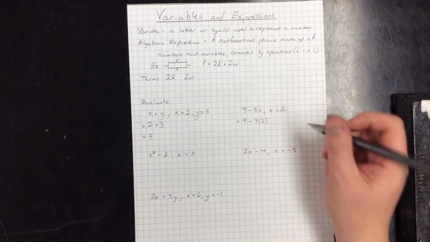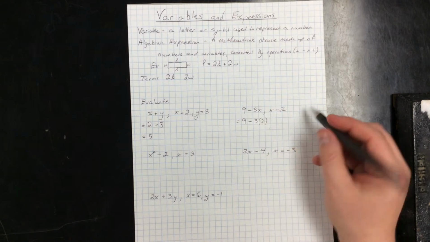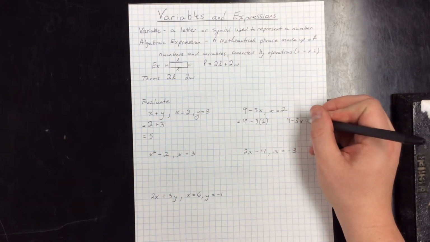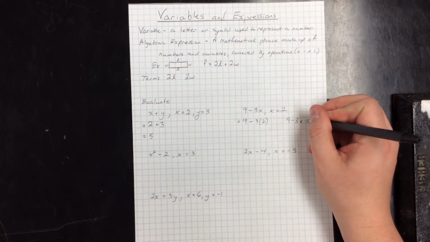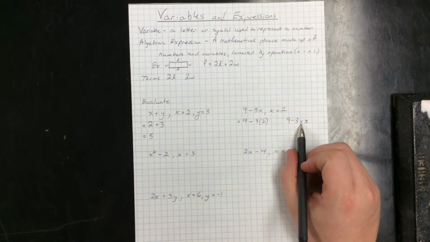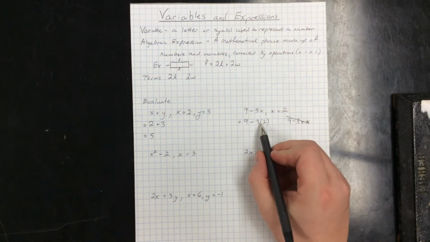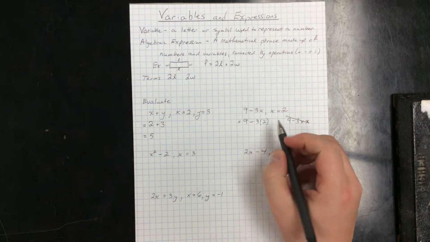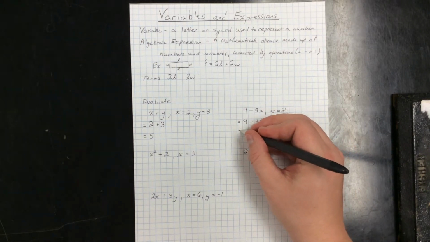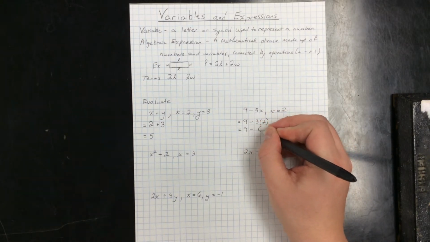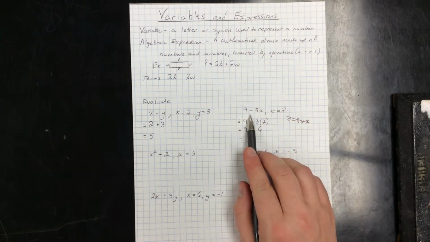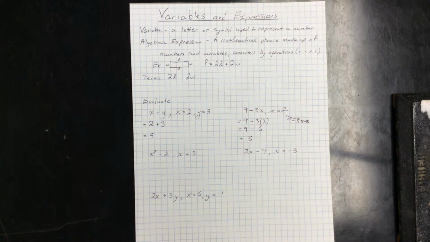And I'm going to write that in brackets, because if I wrote that like this to begin with, it would look very confusing, the x and the multiplication symbol, so we're not going to do that anymore. We'll use brackets for multiplication instead. So we're going to do the multiplication first. We get, what is 9 subtract, the answer to that is 6, 9 subtract 6 is 3. So we've evaluated 9 minus 3x when x is equal to 2.